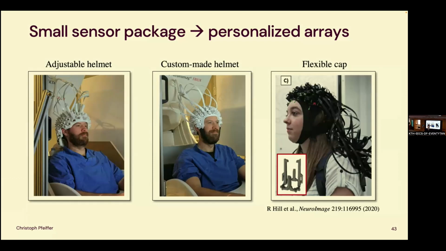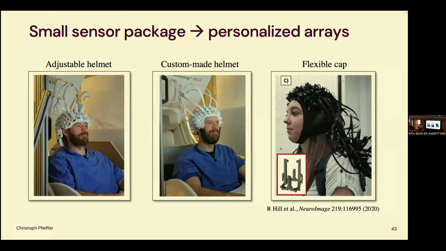Basically, then the sensors are fixed in position. This is, for example, a 3D printed one that's based on a face scan or a head scan of the person. And then lastly, you have a flexible cap where you just, similar to EEG, put them on a cap and just start measuring, basically. So they have some different advantages.